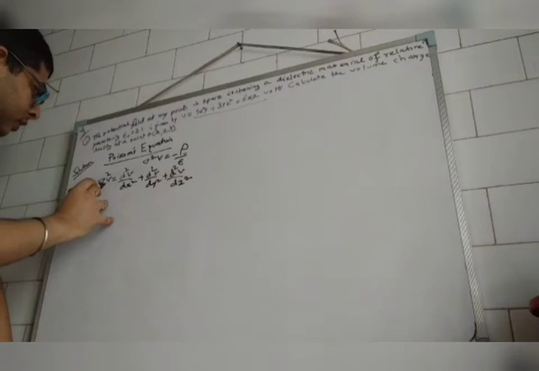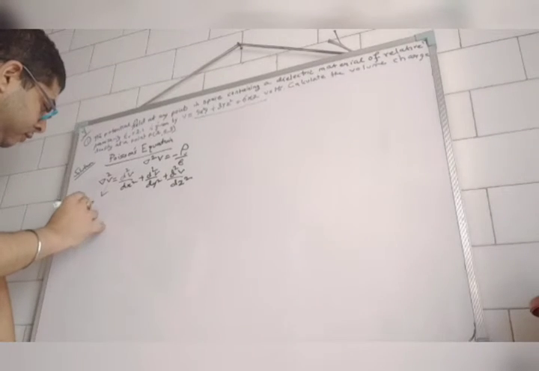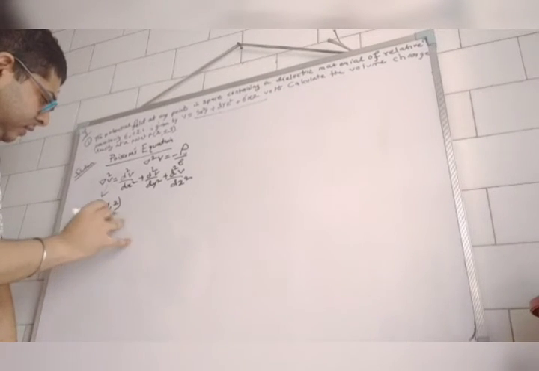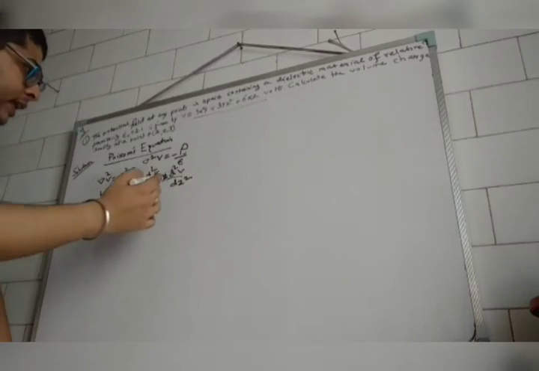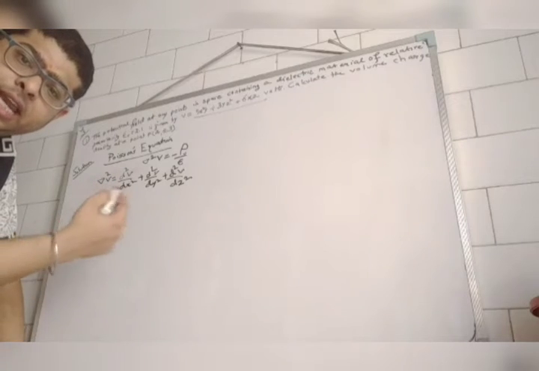That means I have considered the potential is a function of x, y, z, hence we are considering 3D. Of course you can see there are no unit vectors here, so this is basically a scalar quantity.